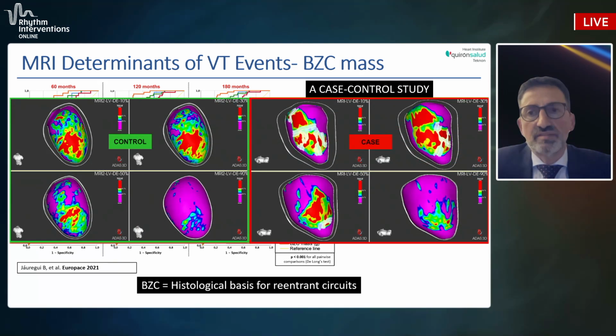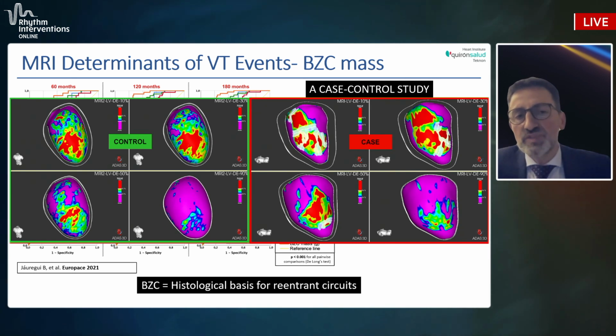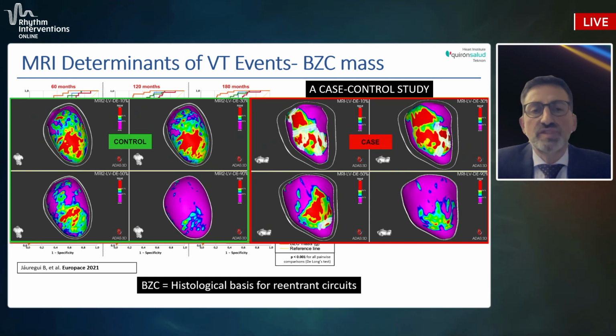for the reentrant circuits. Here, an example of two different patients with an anterior infarction, with the same left ventricular ejection fraction, with the same quantity of grams of scar, same quantity of grams of core, same quantity of grams of border zone, and the only difference is that border zone in the case of the left is the transition between the core and the normal tissue, and on the right, in this patient, the difference with respect to the control patient is that border zone tissue is creating channels through the scar.